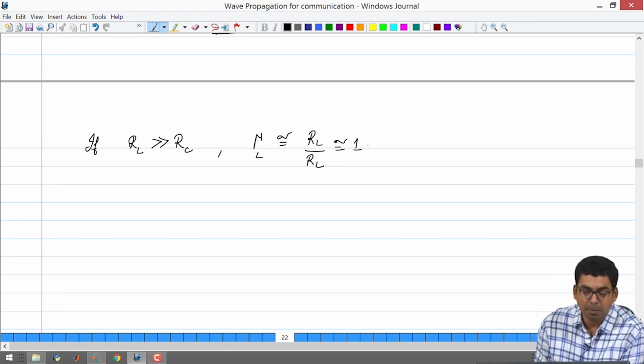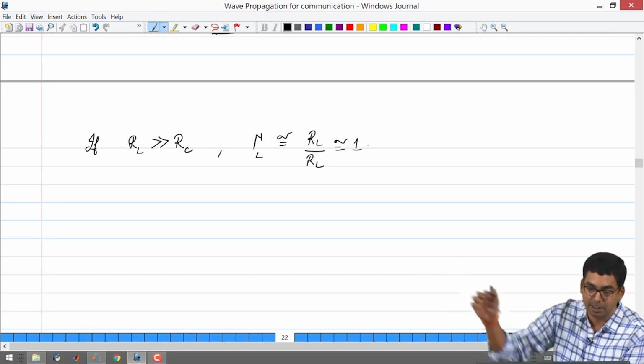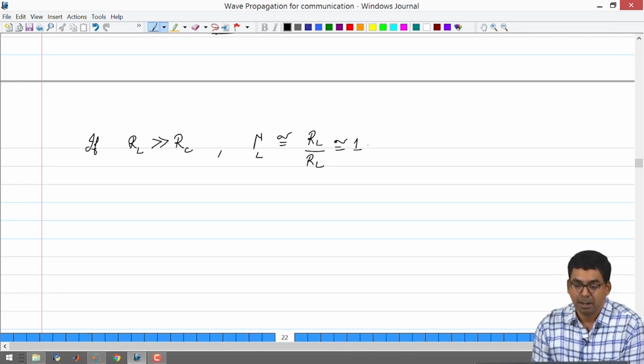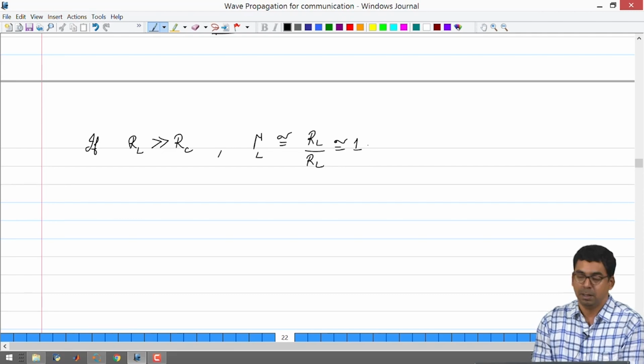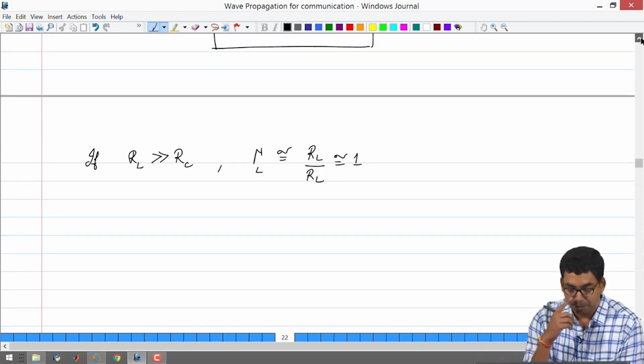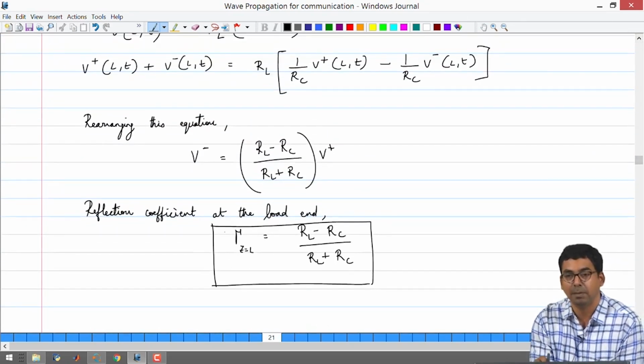In even more practical terms, you can think that if your load resistor is not even connected and there is an open circuit in your transmission line, your reflection coefficient is going to be equal to 1. Now, this reflection coefficient also needs a little more explanation. The reflection coefficient here corresponds to V minus divided by V plus.